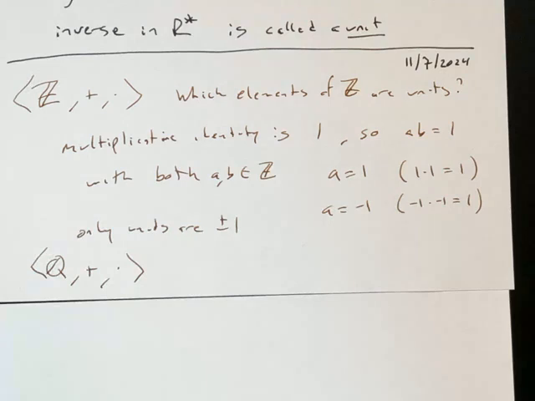The entire set is used. As long as it's not 0, and remember it said up here we're using R star, so I'm not using 0. Take any non-zero rational number, multiply by its reciprocal, you get exactly 1.